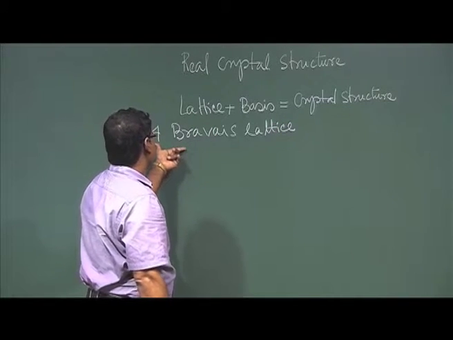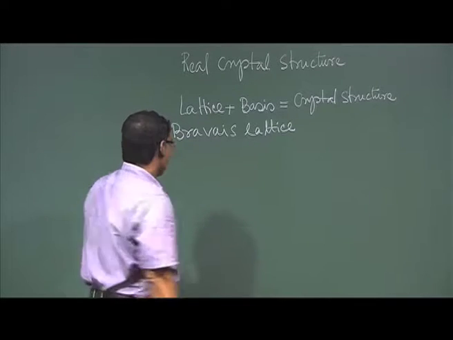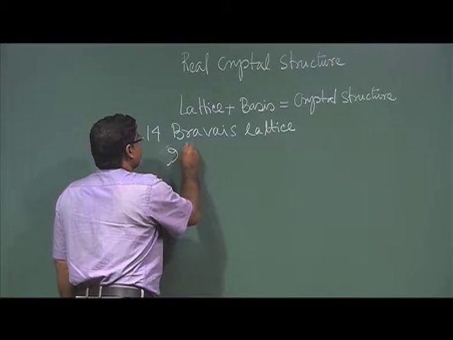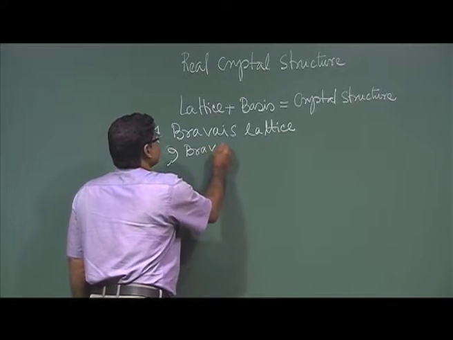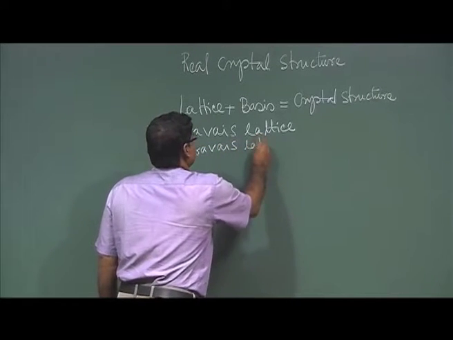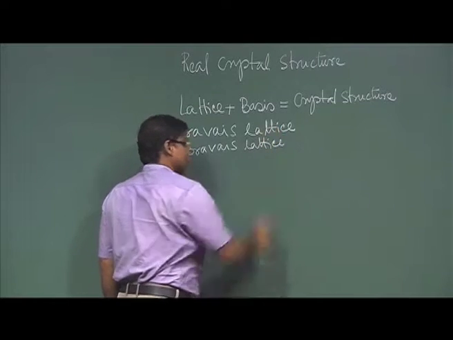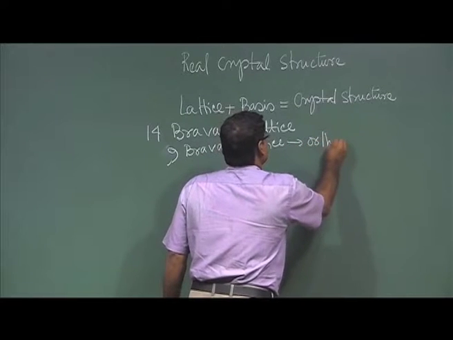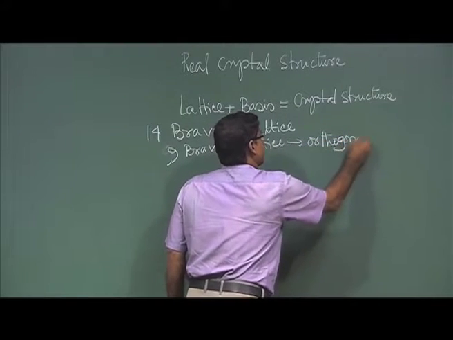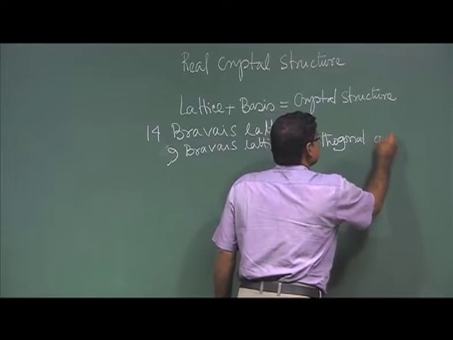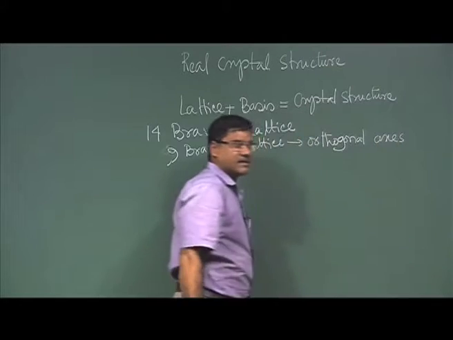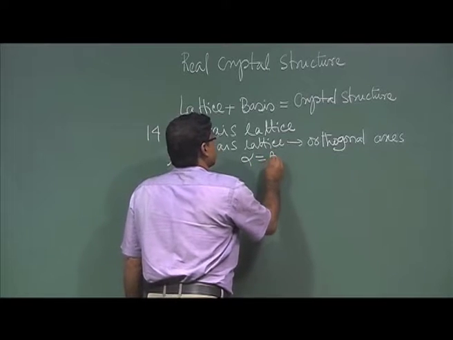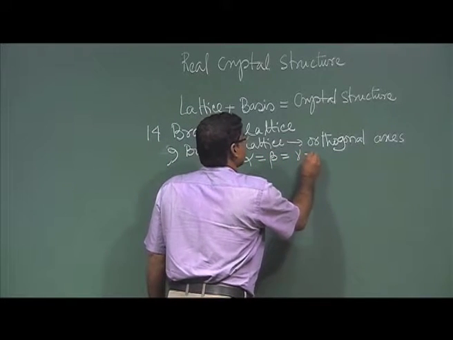So, out of these 14 Bravais lattices, 9 Bravais lattices have orthogonal crystal axis ABC, where alpha equal to beta equal to gamma equal to 90 degree.